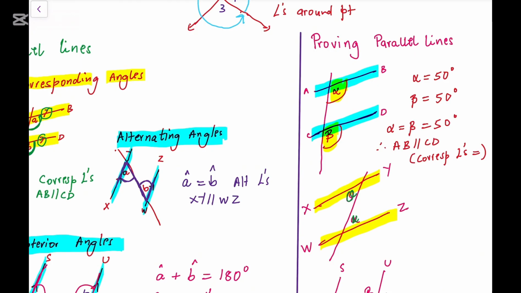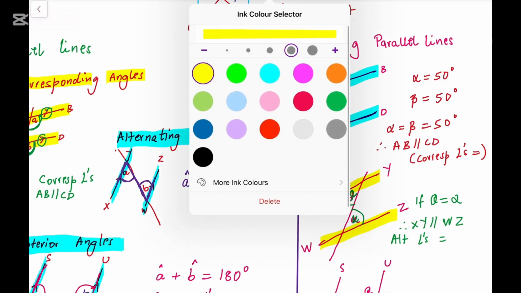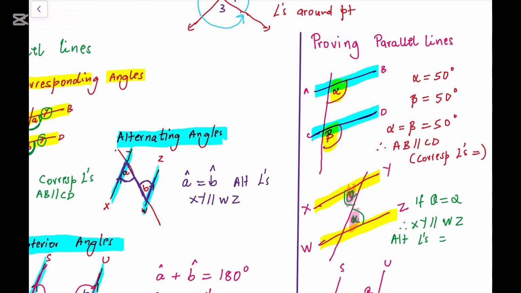If you find out that angle theta is equal to angle alpha, you can then conclude and say, therefore, XY is parallel to WZ. Why are you saying that? Because alternating angles are equal. So if these two alternating angles are equal, that means these lines are parallel.